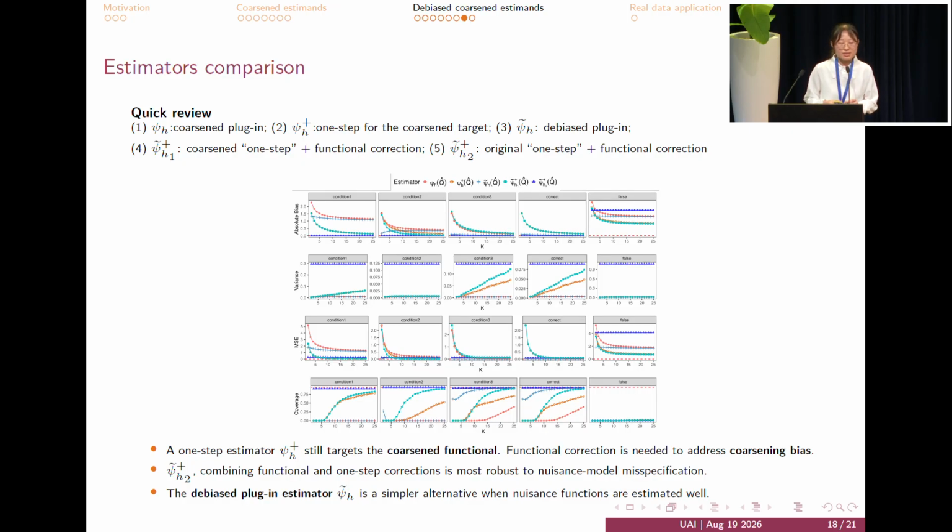We found that one-step correction only works for reducing the statistical estimation bias, but it doesn't work for the quotient bias. And then we found that our debiased plugin estimator performs well under the correct model specification. So that means for practical use, our debiased plugin estimator is simple and attractive. It is a good option to consider if people want to use discretization.